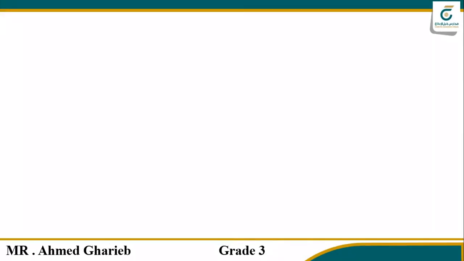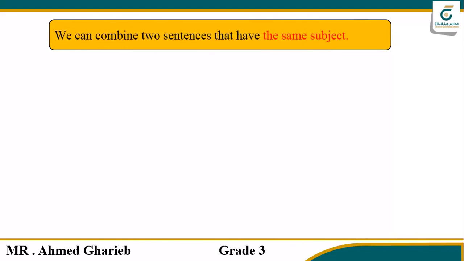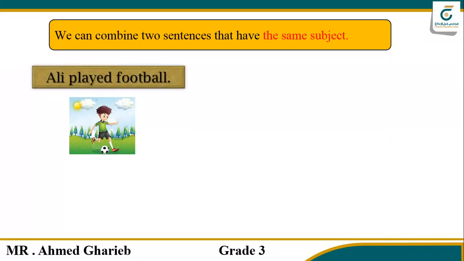And now we will learn how to combine or when to combine two sentences. We can combine two sentences that have the same subject. Look at this example. Ali played football. Where is the subject? Of course it's Ali.